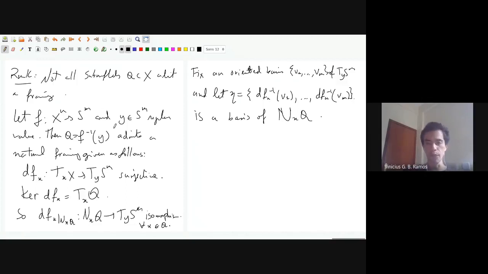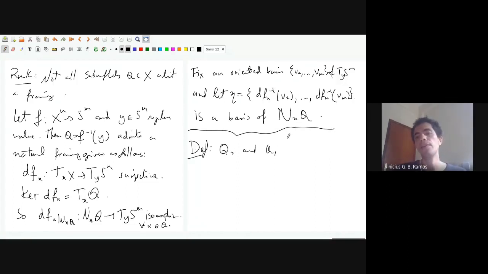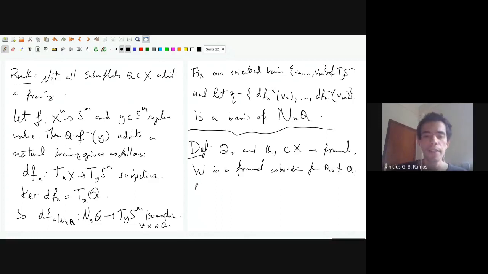And now I just have to introduce one more concept, which is a framed cobordism. So if Q_0 and Q_1 are framed submanifolds, we say that W is a framed cobordism from Q_0 to Q_1 if, first of all, I'm going to assume that this cobordism is constant near 0 and near 1. You can always do that.